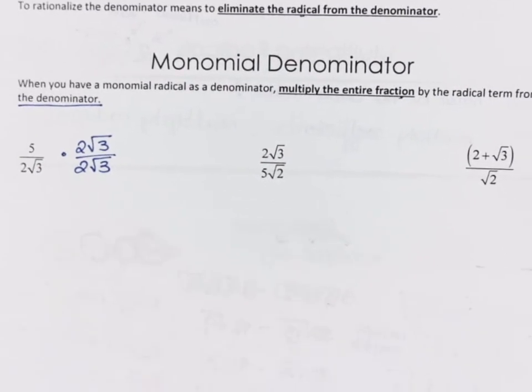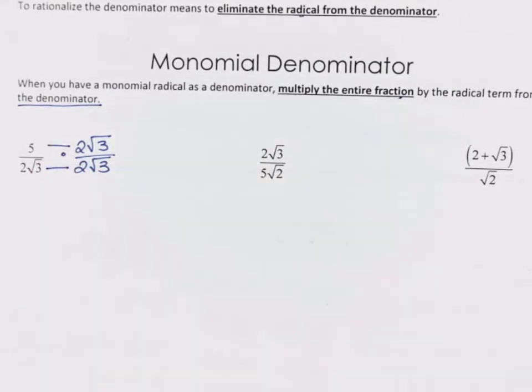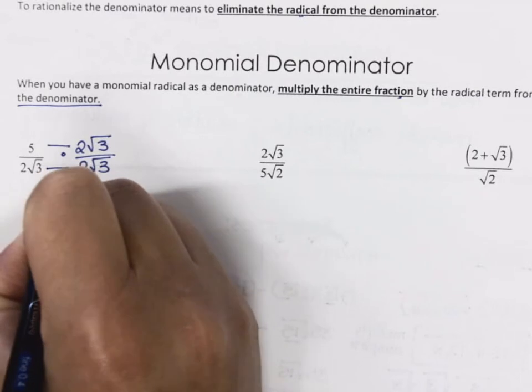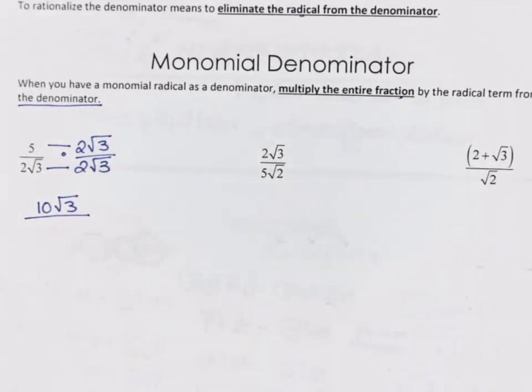So let's multiply. What do we got going on there? So how do you multiply fractions? Straight across the top, straight across the bottom. So what's our numerator now? 10 root 3. Good job. What's our denominator? 4 root 9.